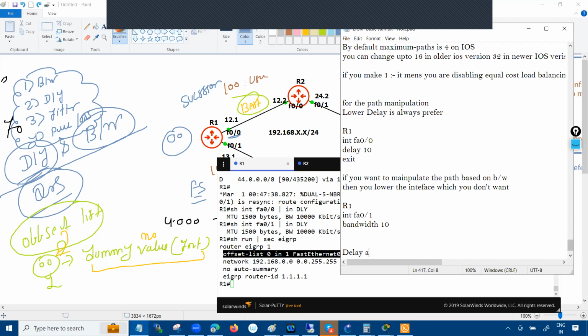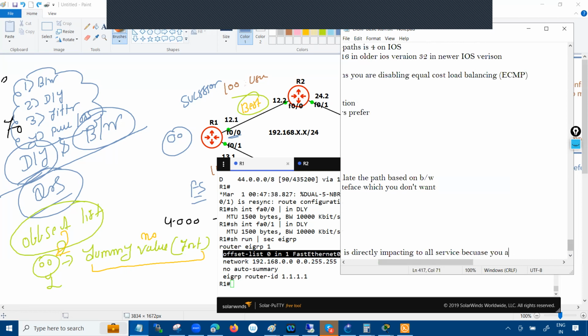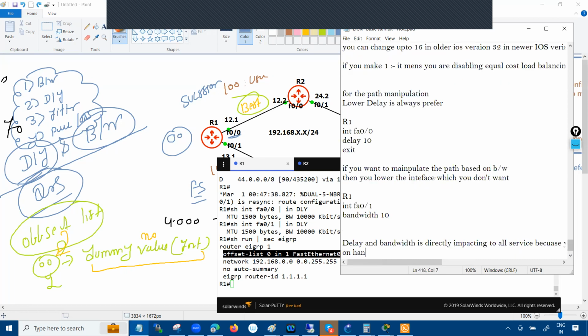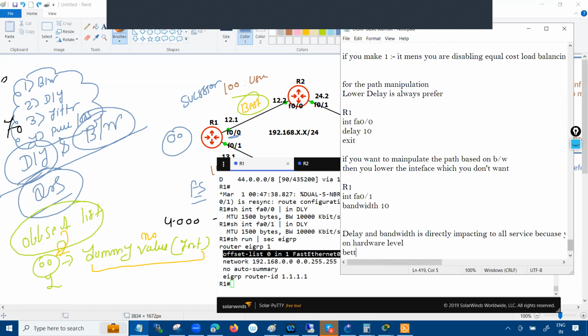Delay and bandwidth directly impact all services because you are changing on the hardware level. So this is not scalable and not recommended.